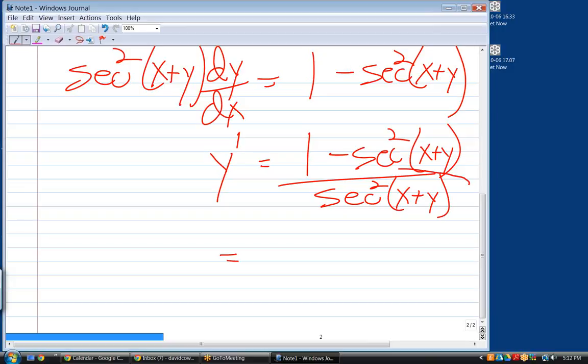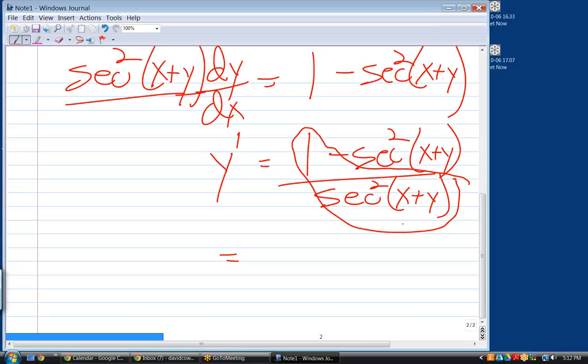In other words, that I can take out. What does that become? Oh, you're doing that part. Okay, I thought you were just dividing out secant squared x plus y. Well, that was the last step, was I divided both sides by that to get this.